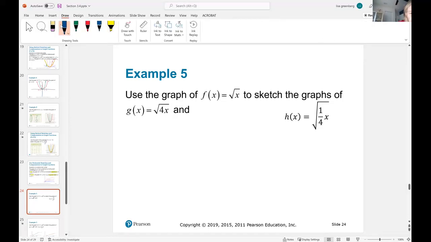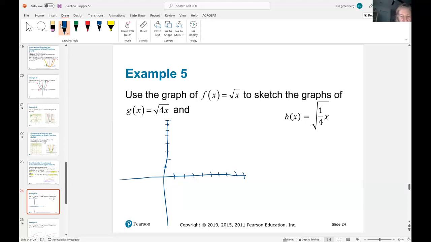So if I want to graph this function, I start with the square root, and I'm going to have to graph it more to scale. So 1, 2, 3, 4, 5, 6, 7, 8, 9. 1, 2, 3, 4, 5, 6.